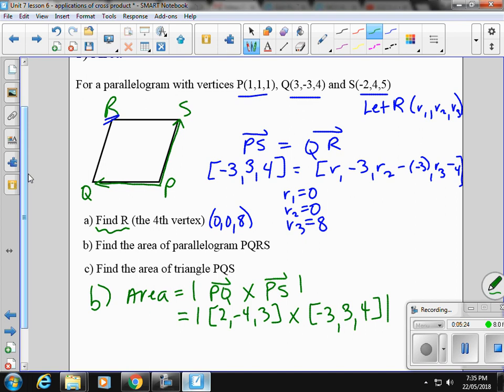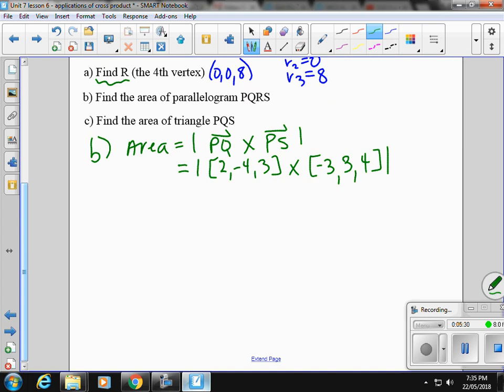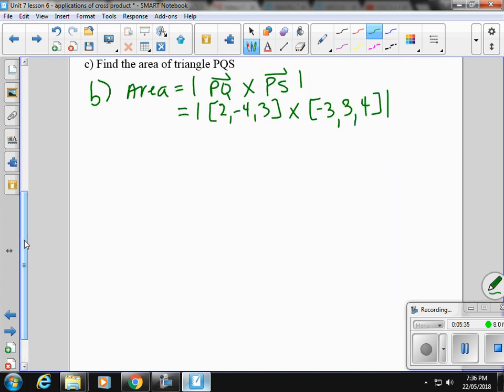Oh, sorry, I already did that one. So we're doing the cross product of those two. I'm going to just step a little lower here and do my cross product, down products, up products. So 2, negative 4, 3, 2, negative 4, 3, negative 3, 3, 4, negative 3, 3, 4.